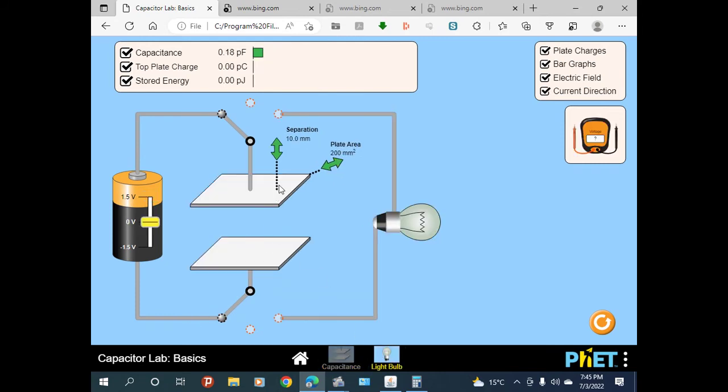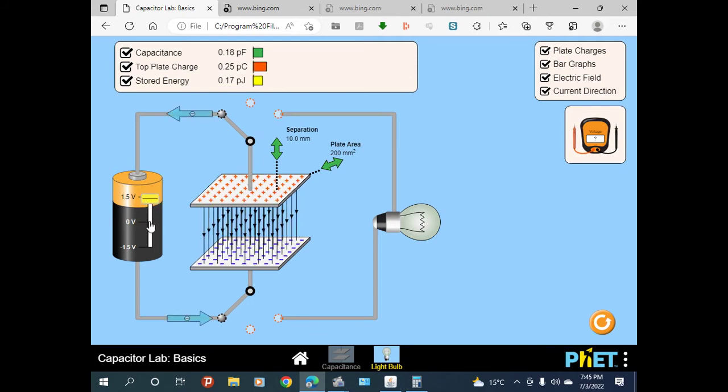Let's connect to the battery and the resistance. In this situation the plate area of the capacitor is 200 millimeter square and the separation distance is 10 millimeter, and disconnecting from the battery, the capacitor is disconnected from the battery.